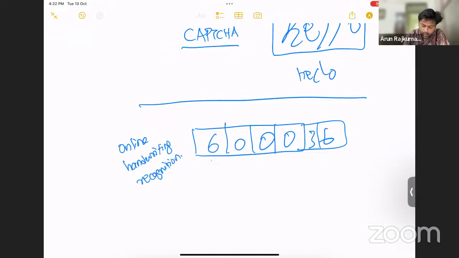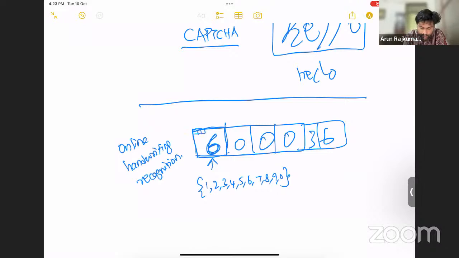Here the computer should figure out which of these numbers this first block is. So I have 10 choices, 1 to 9, and then there's 0. Among these choices, by looking at this image, remember, this is not a number, this is an image of a number, which means there are pixel values.